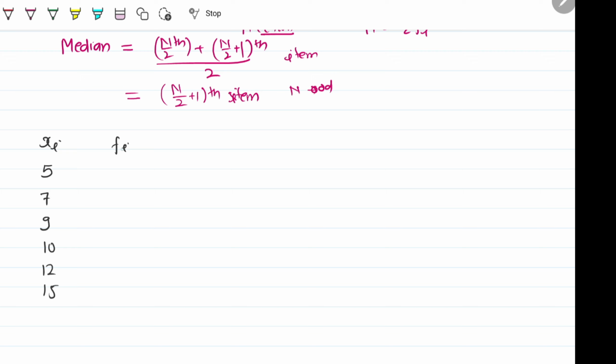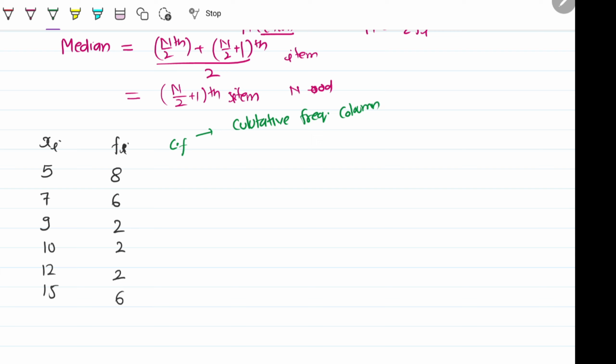The frequency column is given: 8, 6, 2, 2, 2 and 6. One thing: whenever you need the median and you have the frequencies, immediately make this column cf, which means the cumulative frequency column.